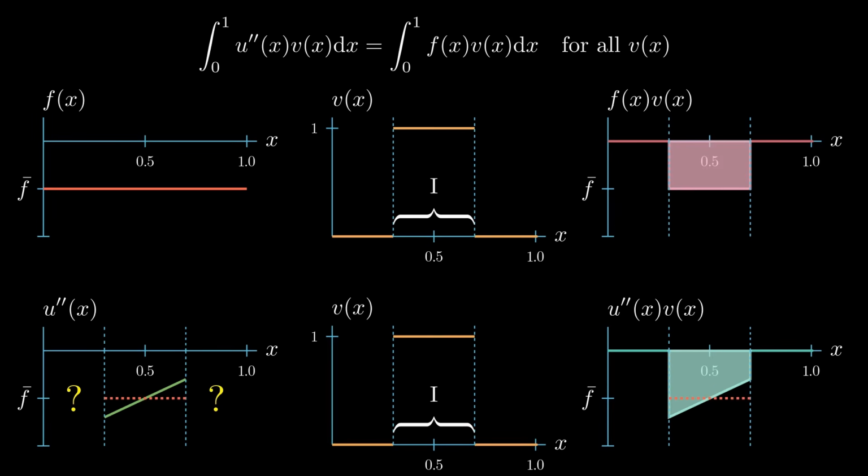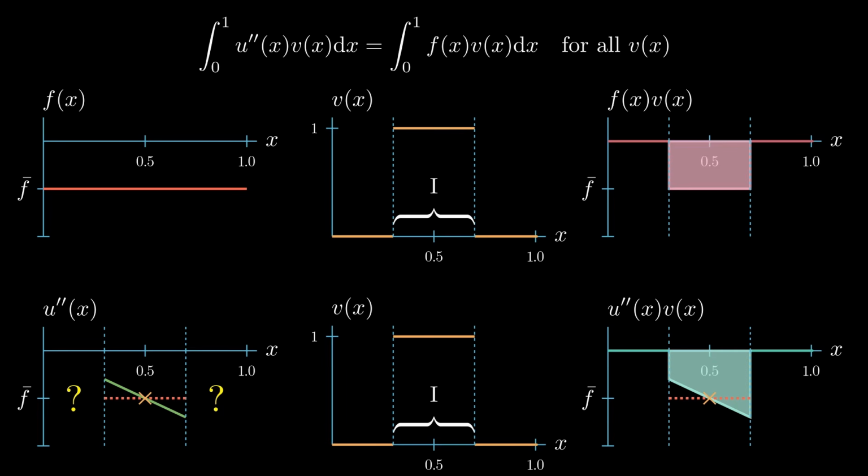Even if we change the shape, u double prime crosses f bar at least once. This is because otherwise the area under u double prime times v cannot be equal to the area under f times v. Now, this is a useful information.